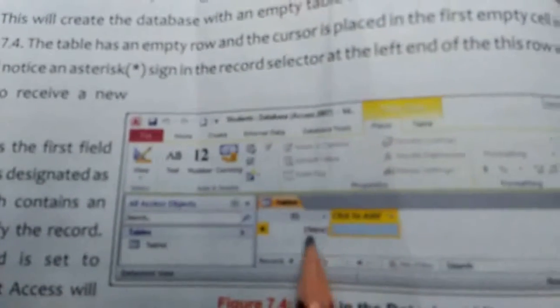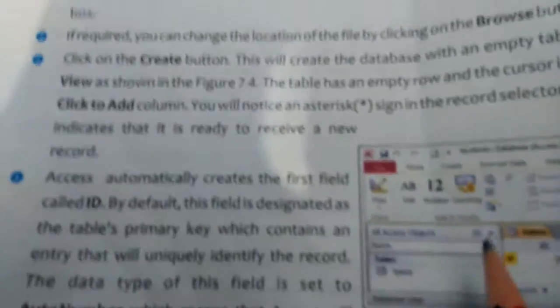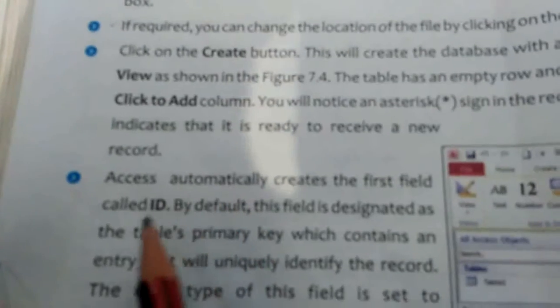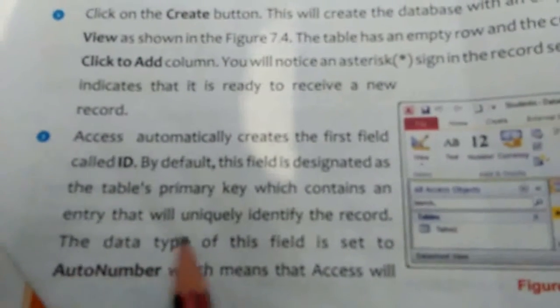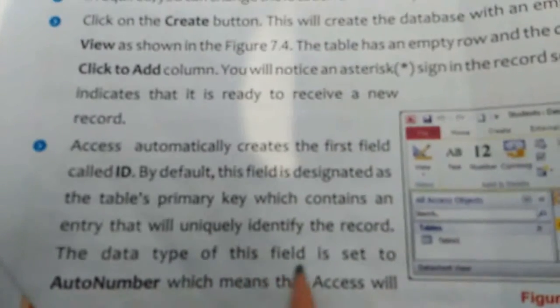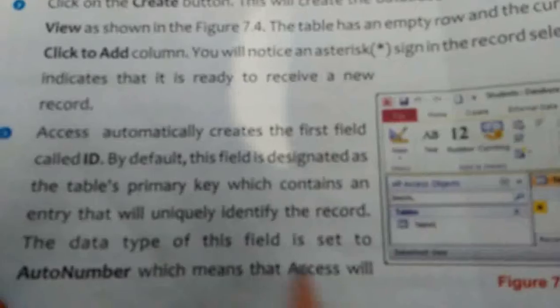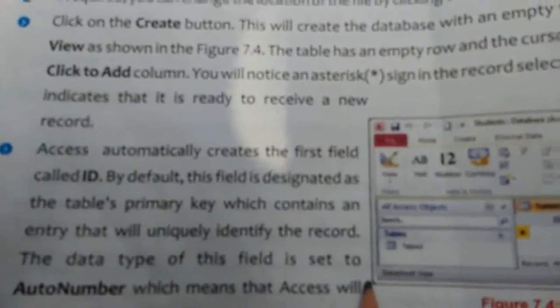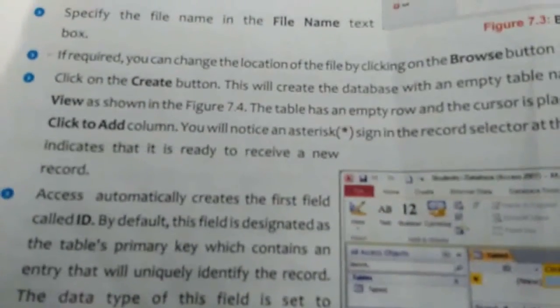You see, this is the id, and then the data type of this field is set to auto number, which means that access will automatically enter the required value.